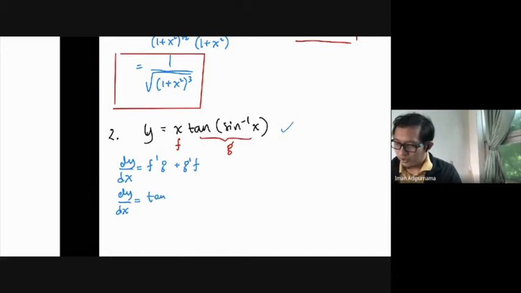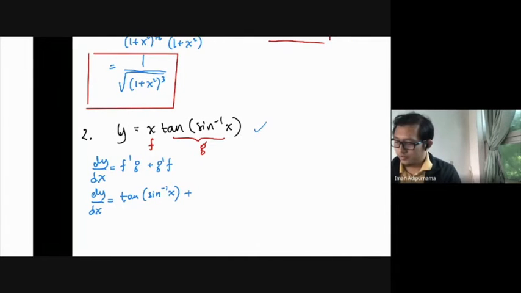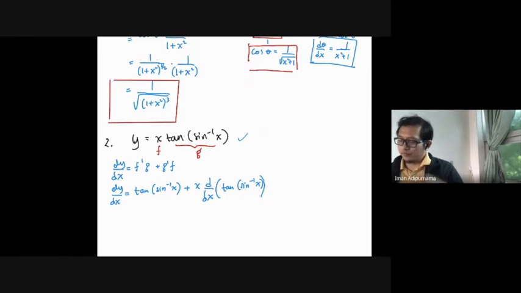So this can be written as sine inverse x, and then plus x, and then d dx of tangent sine inverse x. Oh, we still have more to derive. Okay.